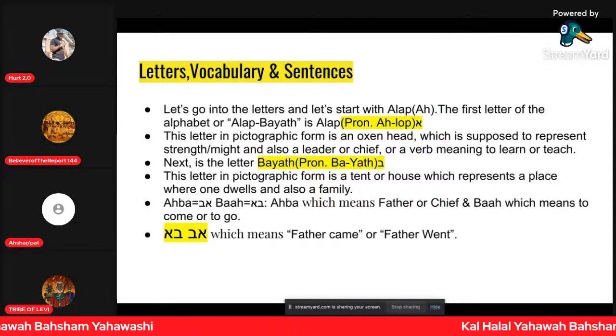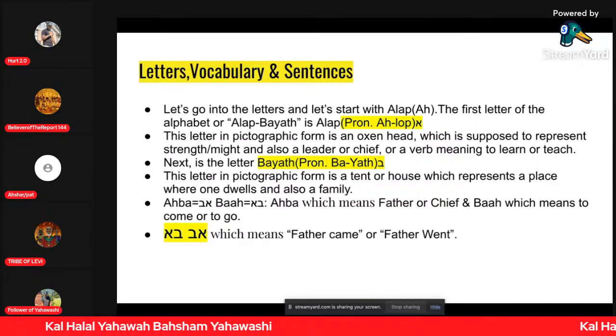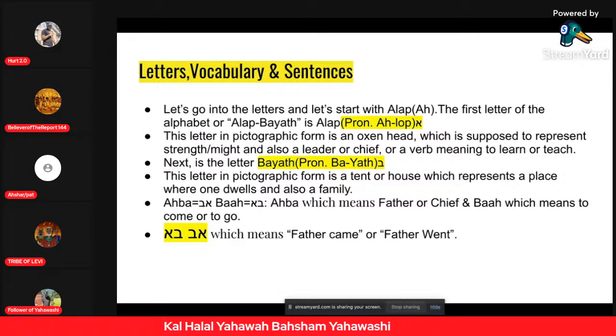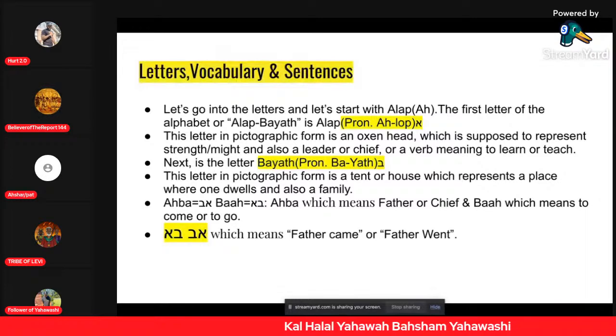So at the bottom we have Abba, which usually is translated to father or chief, but most of the time it's translated to the word father. And then we have the next word, which is Ba'a, which means to come or to go. Usually it's translated as come or came or something like that.